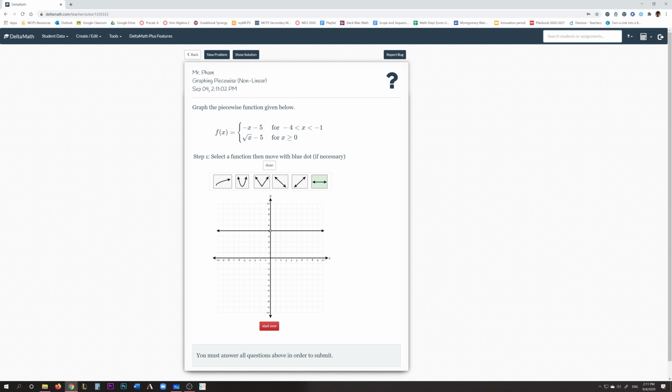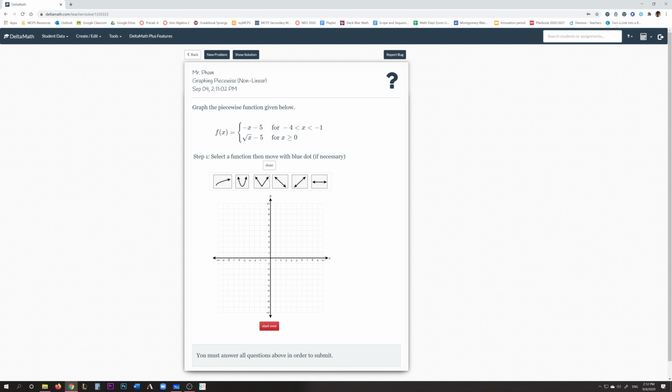It has a y-intercept of -5, has a slope of -1. Oh, so this is a horizontal line. So how do I delete this? I guess we have to start over. So unfortunately, you can't drag this line.